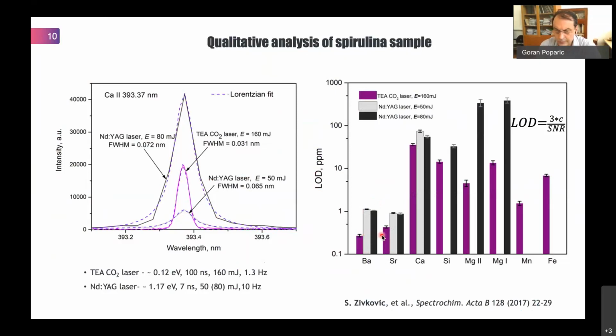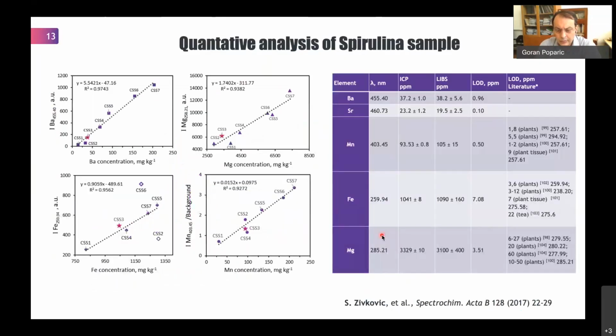Next thing we did, we prepared matrix matched calibration standards using another spirulina sample, by mixing the dry sample with a liquid solution of the analytes. We did the ICP-OES analysis to get the real concentrations of these analytes in the pellets that were made and used for the LIBS analysis and construction.